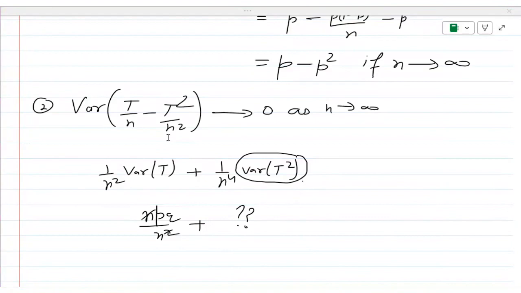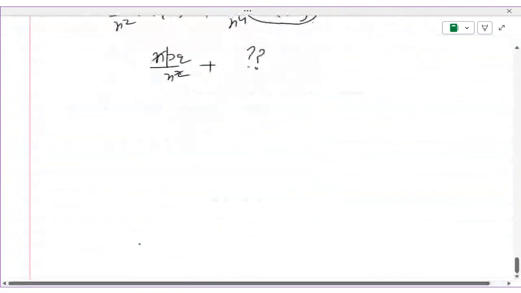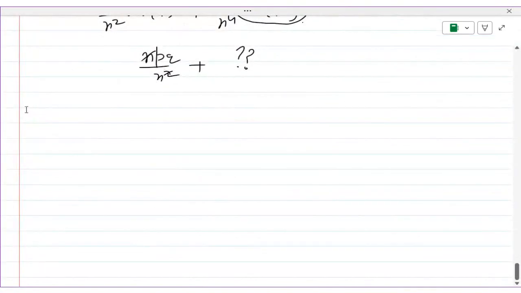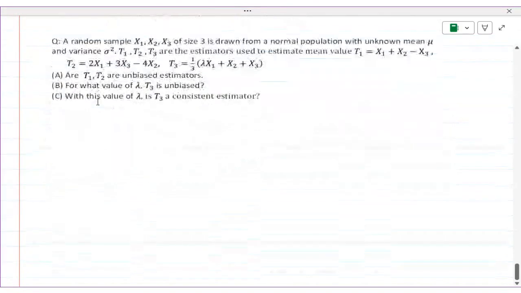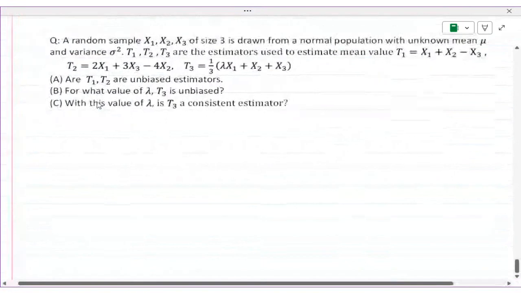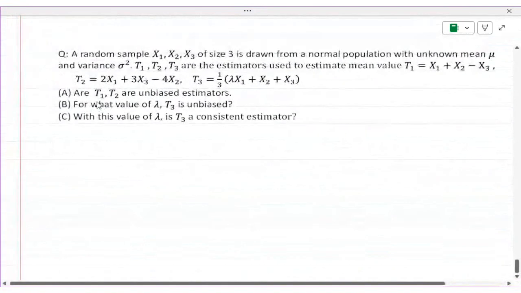The next question is an easy one, and this is asked multiple times in the exam. So you can see this. What is the problem? So this is the question.